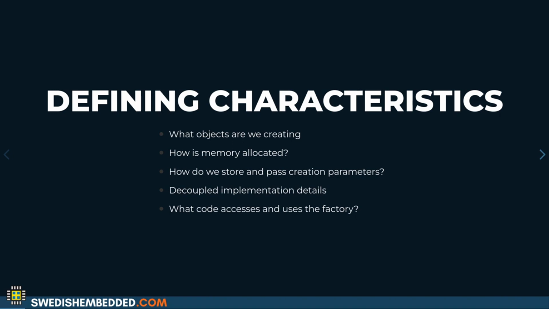Next question is, how is the memory allocated? Are we keeping a static buffer of objects where we just return the next free object? Are we using dynamic memory allocation? Are we using a list of objects that keeps track of the allocated objects and free objects?